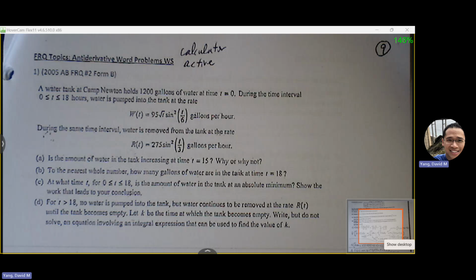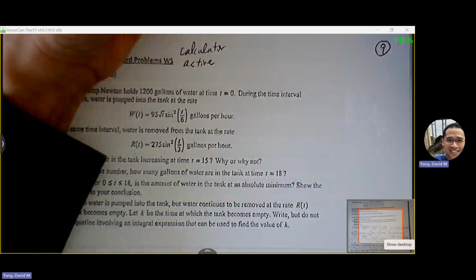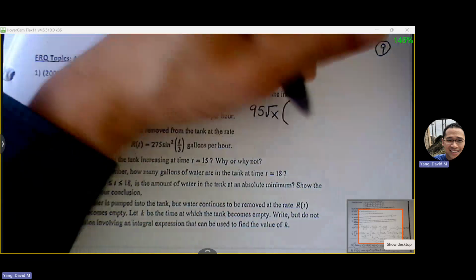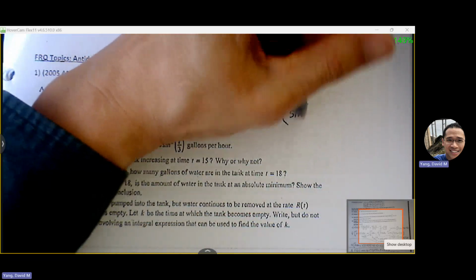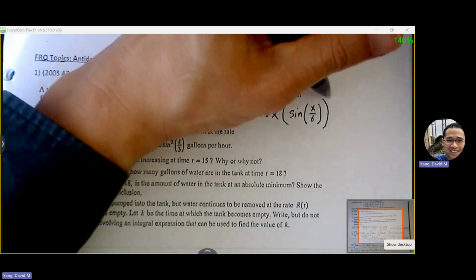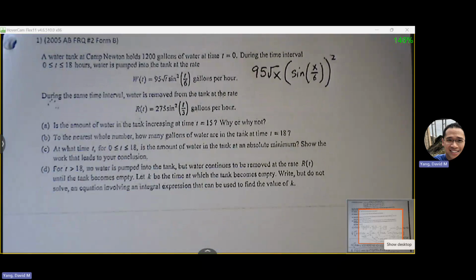You have to literally put that squared outside a set of brackets. So the way that you're going to put it in the calculator will look like this: 95 square root of x, parentheses, sine of x over 6, parentheses squared. So that's one of the challenges here, just knowing how to even put it in the calculator.